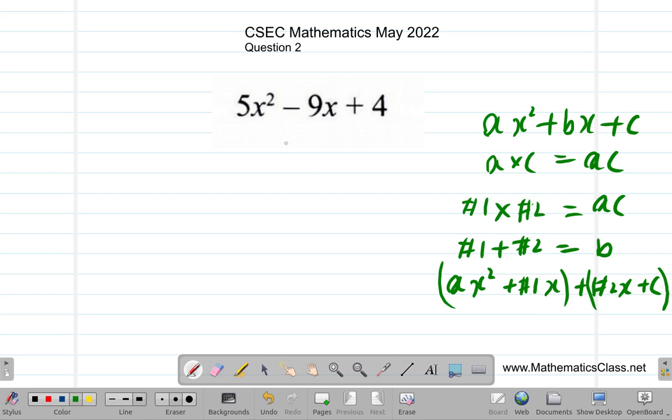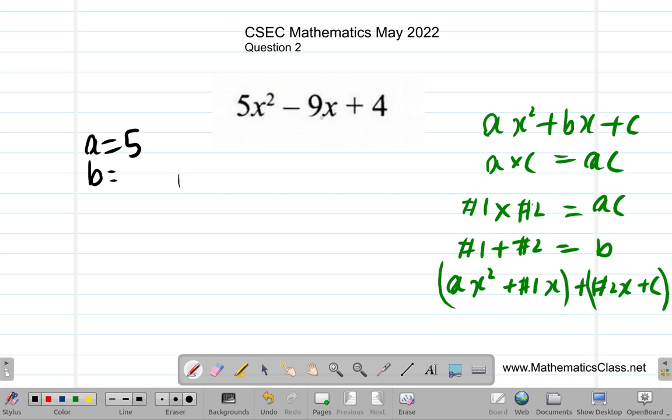But anyway, let's apply what we're looking at to this. You have to properly identify A, B, and C. Ax squared. A is the number that multiplies x squared. This number is 5. So A is 5. What is B? B is the number that multiplies x.